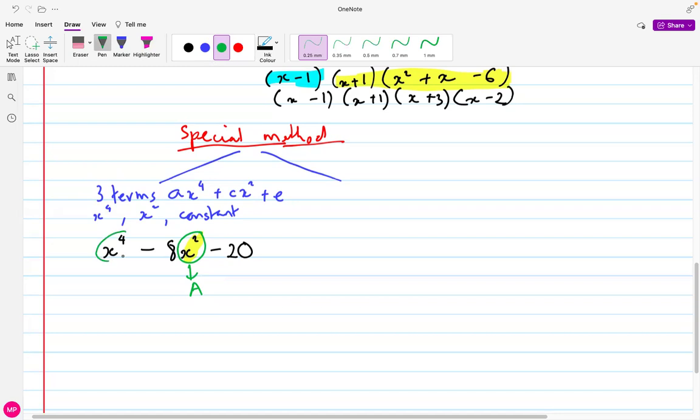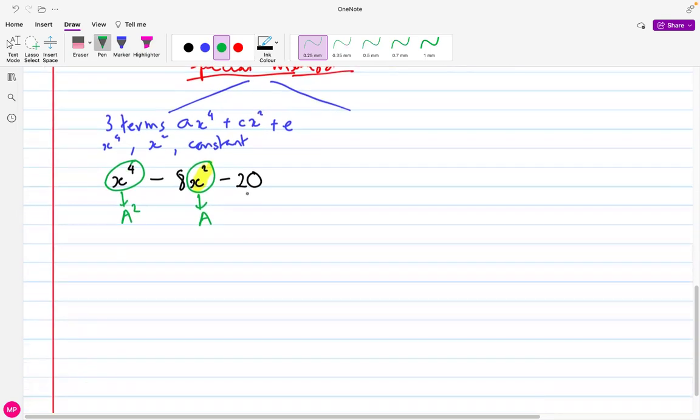So x to the power 4 will become a squared, like that. All right, so a is x squared. Now we have a squared minus 8a minus 20. Then we actually convert from a quartic to a quadratic equation.